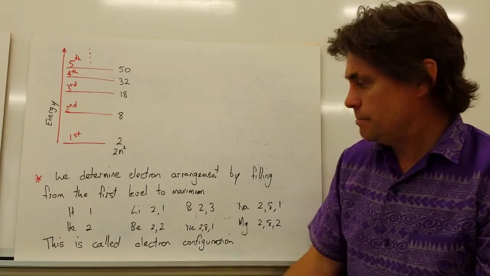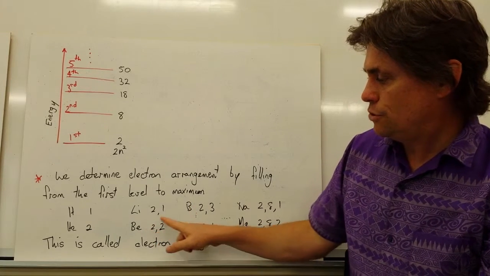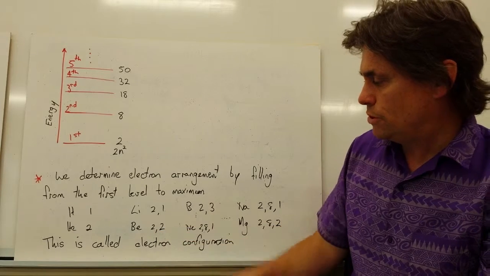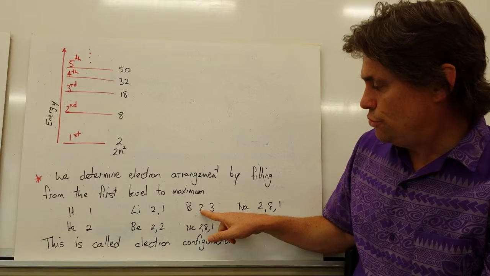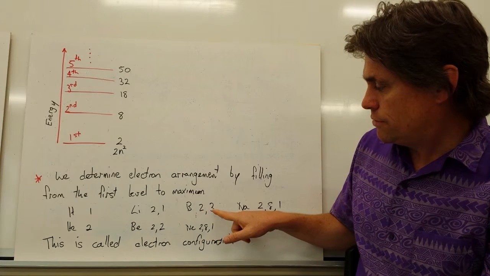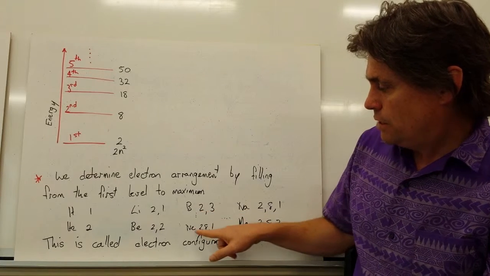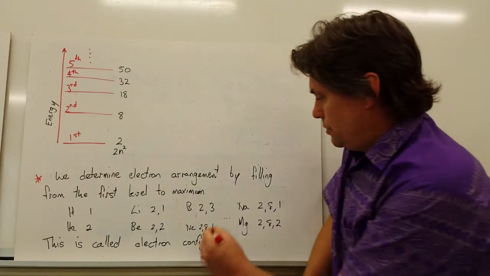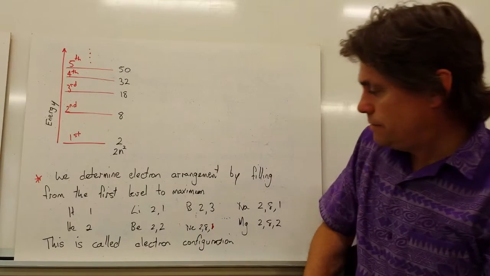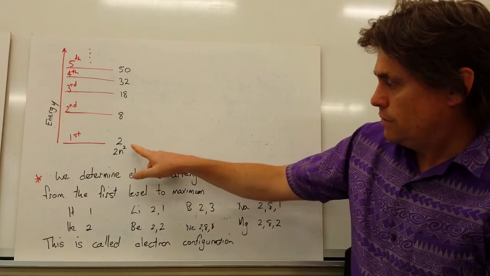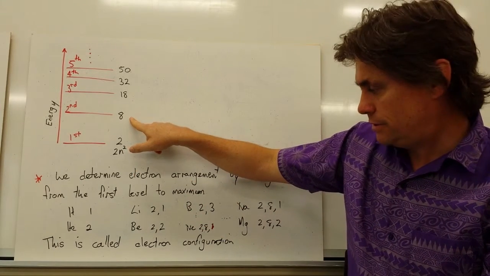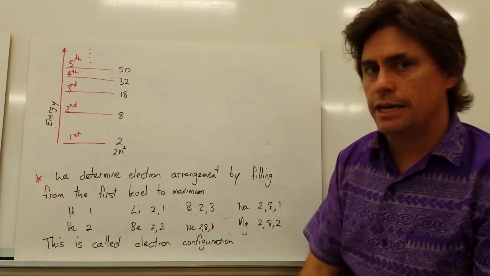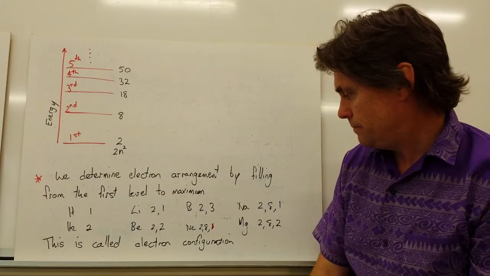We move on to beryllium: 2 in the first, 2 leftover electrons, so it'll be 2, 2. And we can then move on to boron. We get 2 in the first level and 3 in the second level. We then move all the way to neon: 2 in the first level, 8 in the second level. It has 8 electrons in the second level, so we've now filled the second energy level as well.